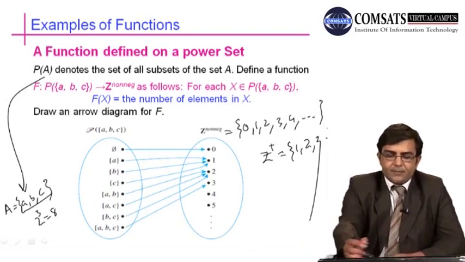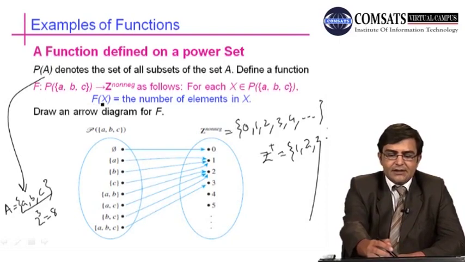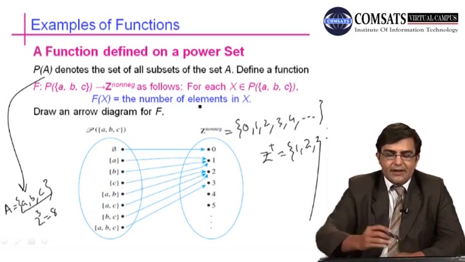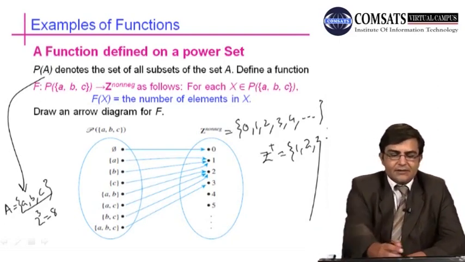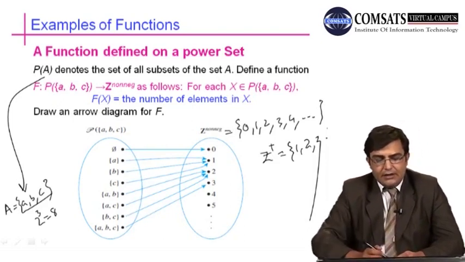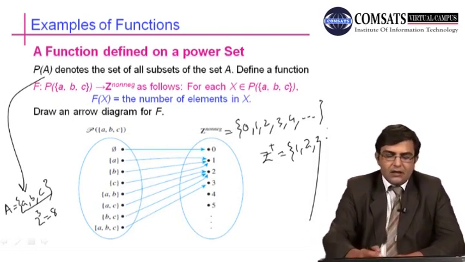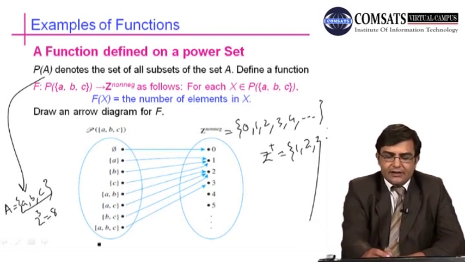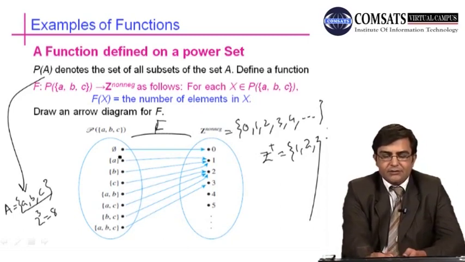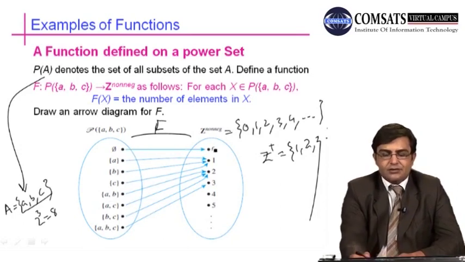So we define the function f of X as the number of elements in X, where X is any subset of A, that is, X is in the power set of A. This is function f. The first set contains 0 elements, so it maps onto 0.